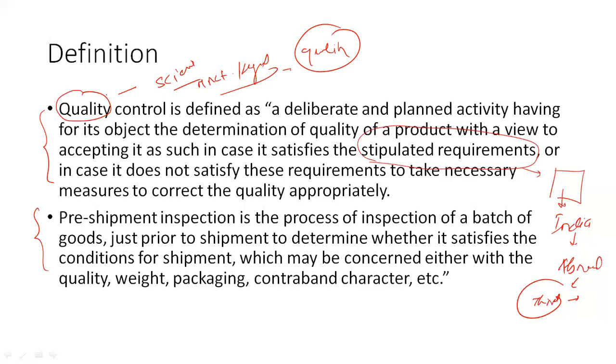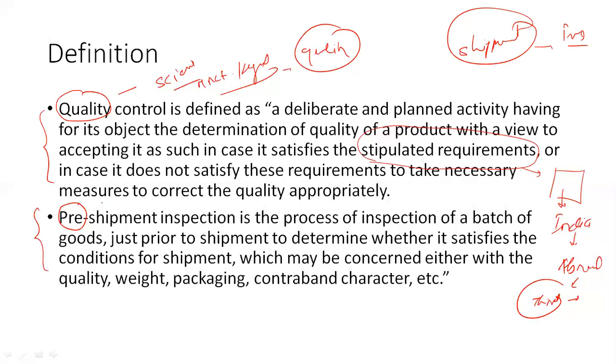Now, what is pre-shipment? The word pre-shipment clearly means before shipment of goods: before shipment, you need to have certain verification and inspection formality. This inspection formality is known as pre-shipment. So by the word you can understand it means before the shipment. So what is that procedure?